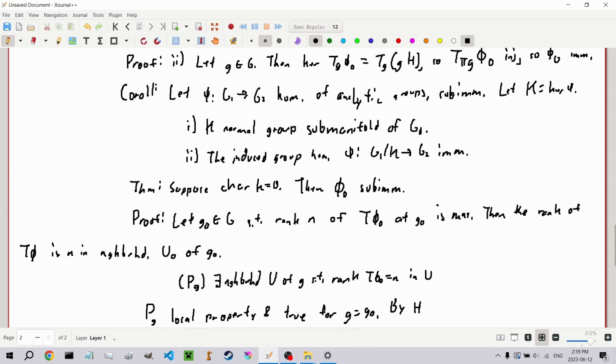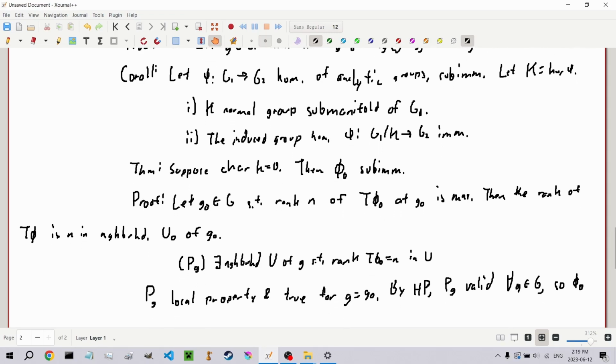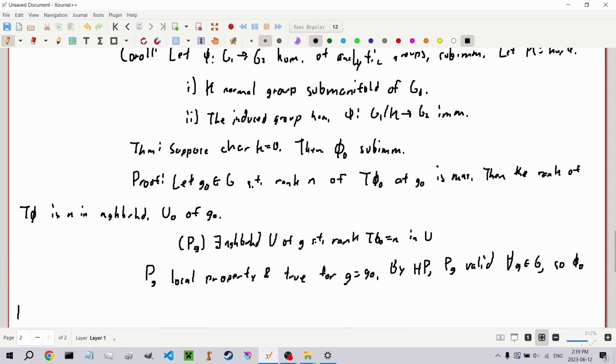By the homogeneity principle, P of g is valid for all g in G. So phi naught has constant rank and is a subimmersion as characteristic of k is 0.